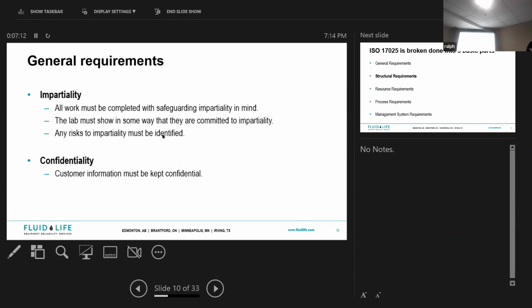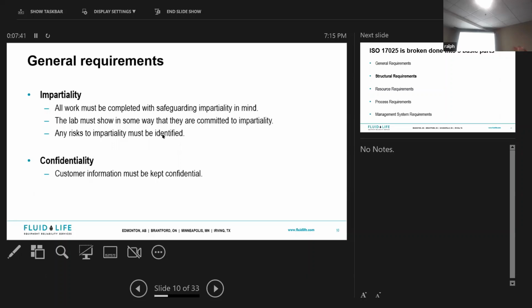You can write it down, or you can have meetings all the time to show that we're looking at this and we're making sure we're safeguarding. Any risk to impartiality must be identified on an ongoing basis. So if you have any risks to impartiality, relationships or activities or anything like that, you must list them on an ongoing basis and be able to show that to your assessment officer.